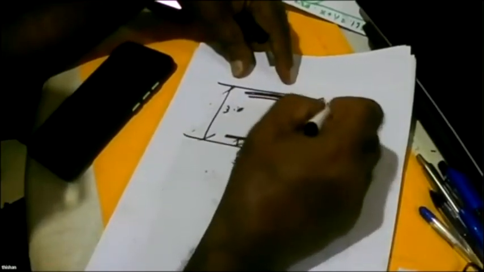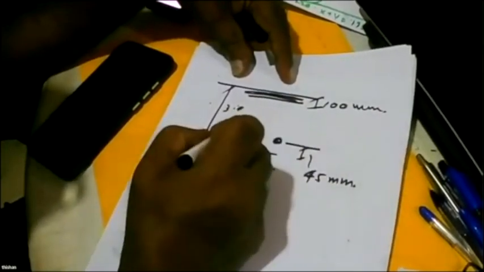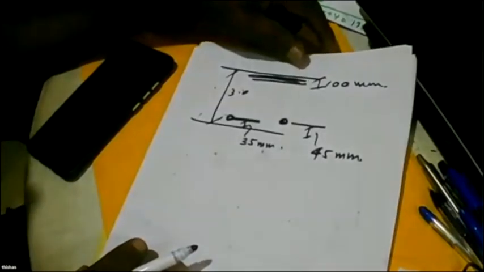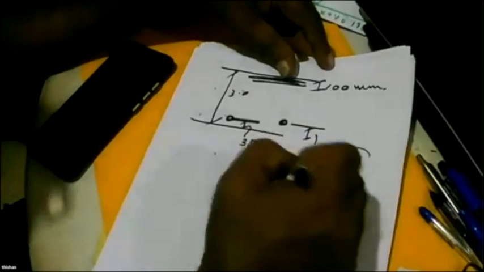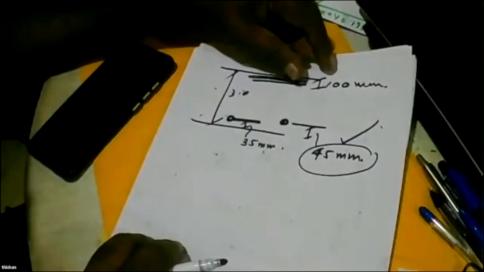Here the depth to the neutral axis is about 100 millimeters. The reinforcement is here or here. Would it make any difference? No. The same reinforcement, but what is the durability of this one? Much higher. Durability of 45 or 50 millimeters will be much higher.